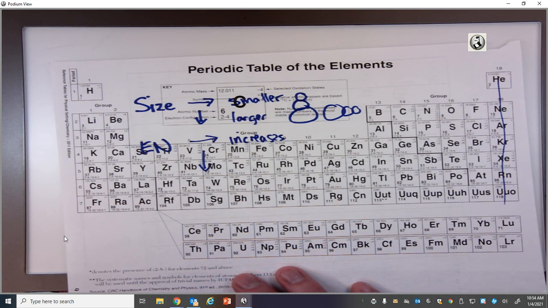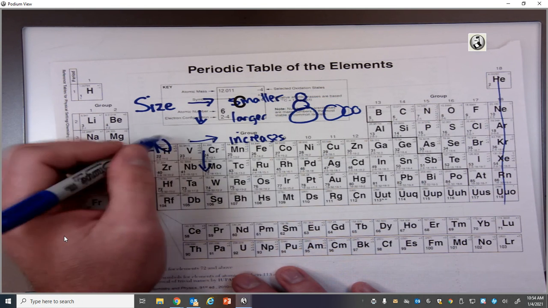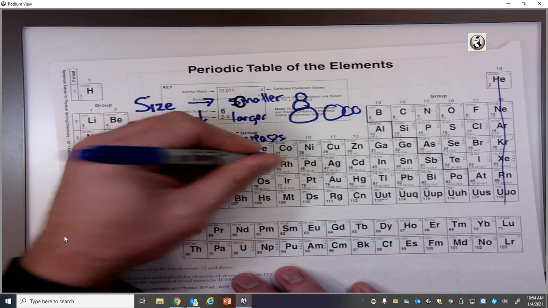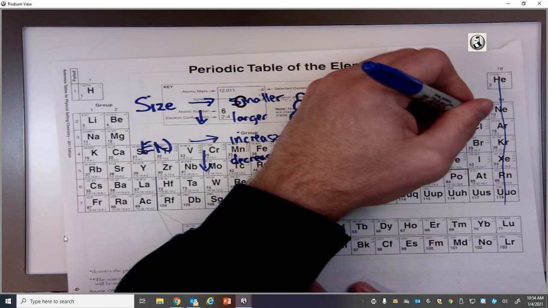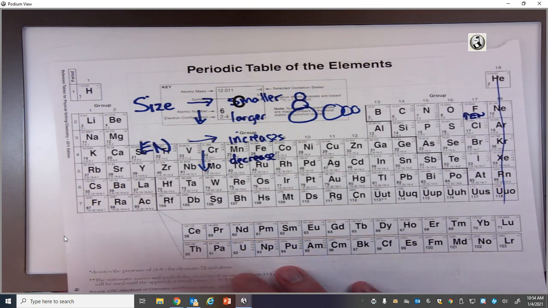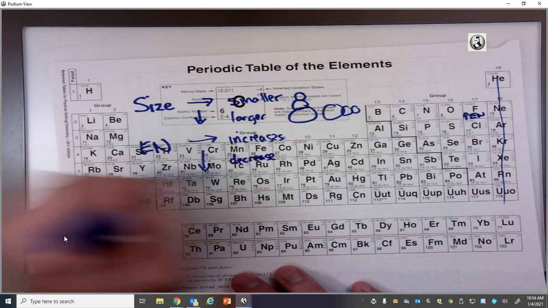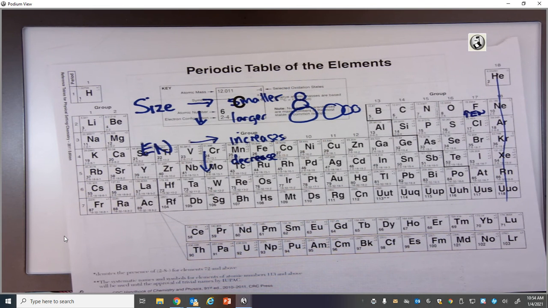So generally, they're going to increase, and as you go down a group, electronegativity is going to decrease. All right, fluorine here has got the highest electronegativity. So think of it as you go work towards fluorine, it gets bigger. As you go down from fluorine, it gets smaller. That's the trend for electronegativity. Okay, fluorine is the smallest atom that's going to want electrons. So it has the most electronegative ability.